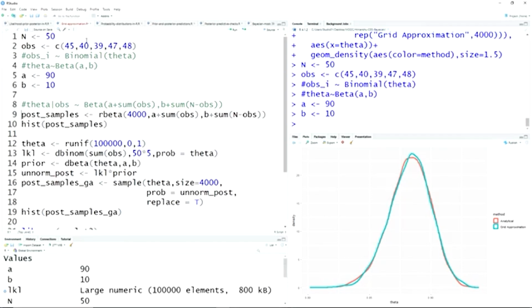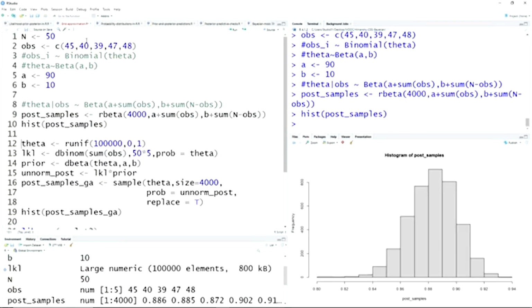Here we calculated the analytical posterior. The analytical posterior would be a beta distribution with shape parameters A plus the sum of observations, and B plus the sum of n minus observations. Okay, so this is how the analytical posterior looked. Then we used the grid approximation approach.